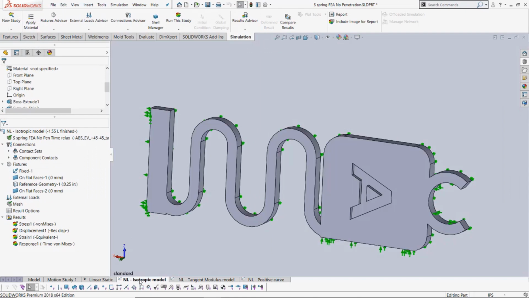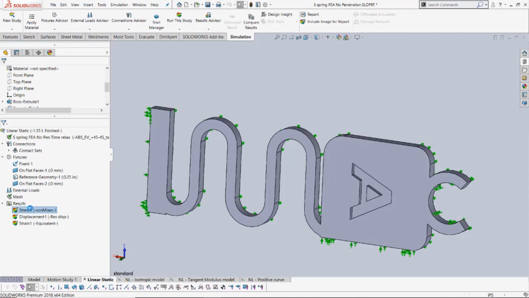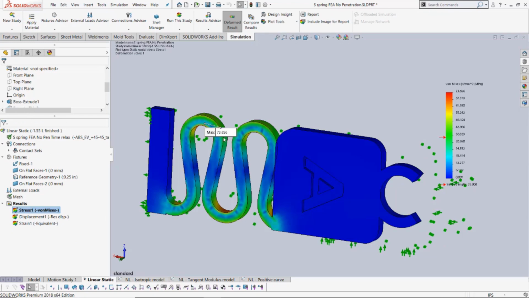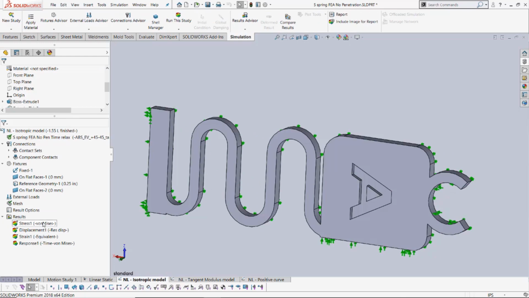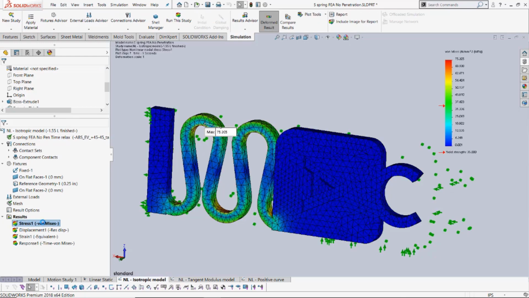Essentially, this nonlinear study is the same as the linear static. If we look at the stresses of linear static, we have 73 megapascals. If we look at the results from the nonlinear isotropic model, we have 75 megapascals.